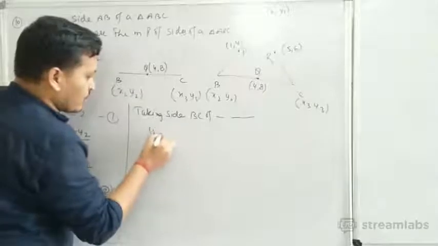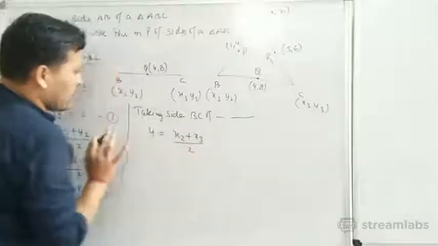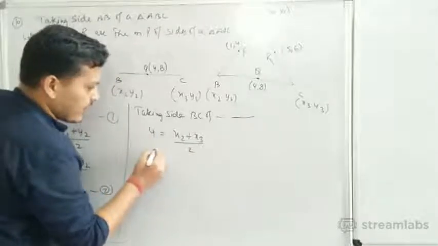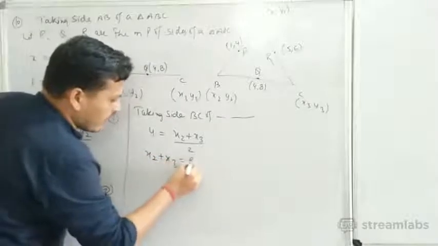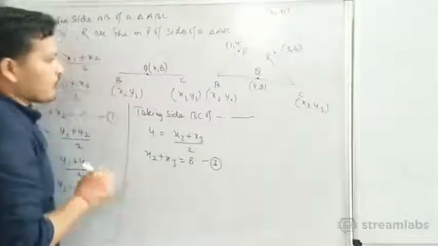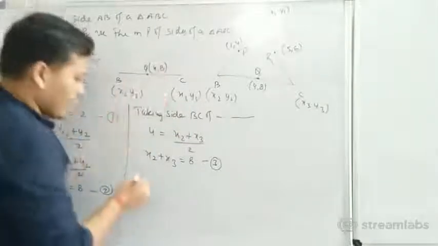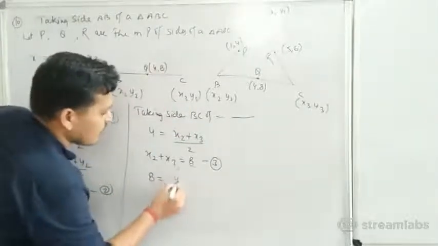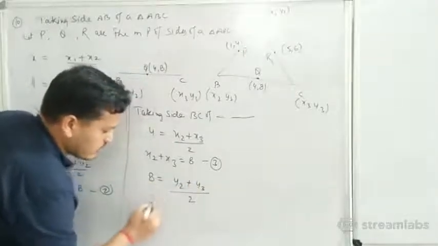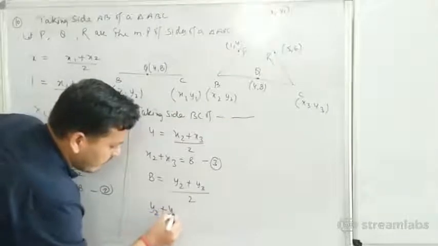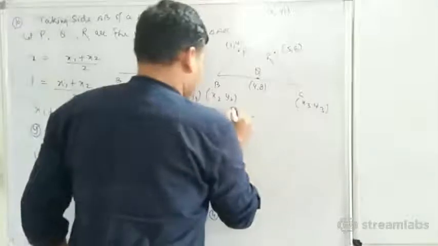The x value is 4, so 4 is equal to x2 plus x3 divided by 2. Cross multiply, 4 times 2 is 8, so x2 plus x3 is equal to 8. Equation number three. Now for y, with y2 and y3 and midpoint y equal to 8, 8 is equal to y2 plus y3 divided by 2. Cross multiply, 8 times 2 is 16, so y2 plus y3 is equal to 16. This is equation number four.